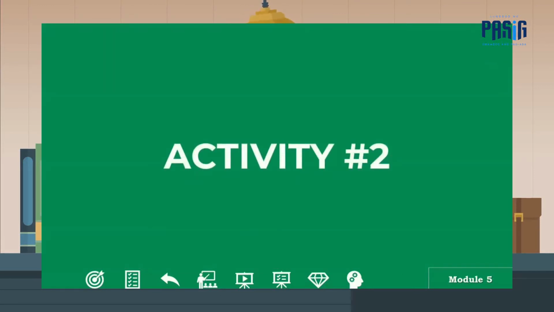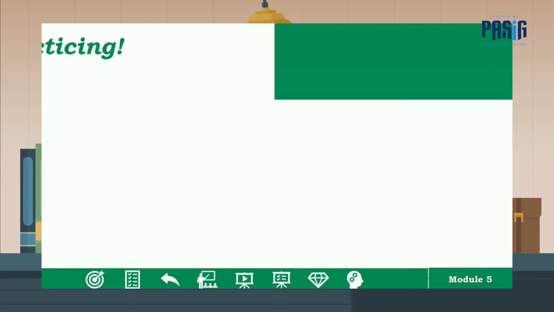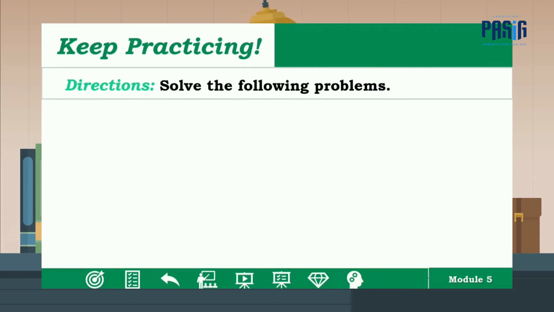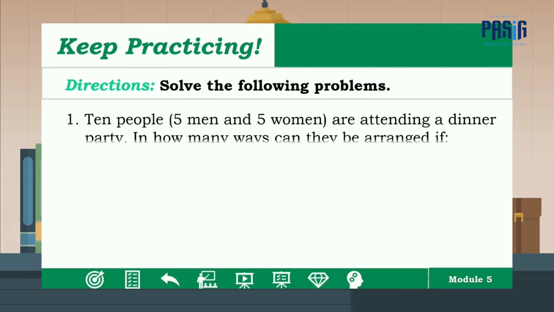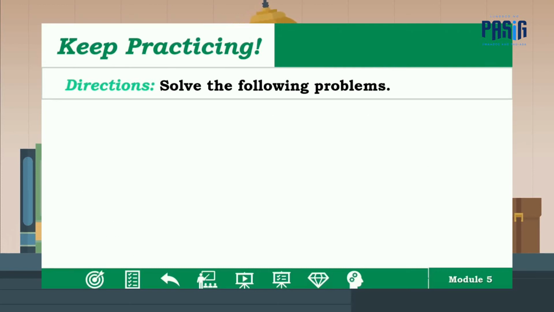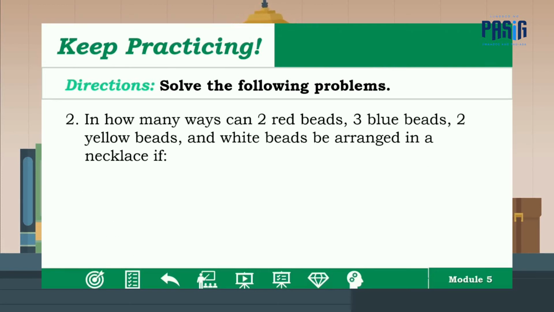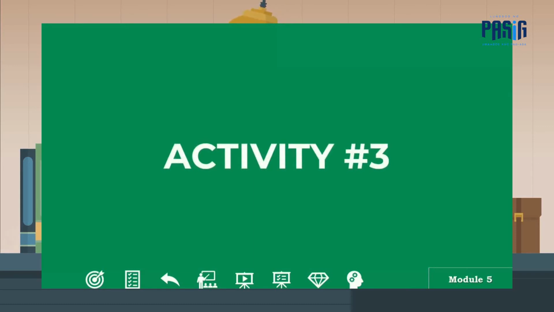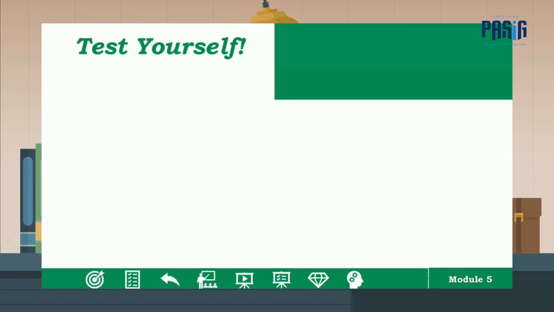For activity number 2, keep practicing. Solve the following problems. Number 1, number 2, and for activity number 3, test yourself.